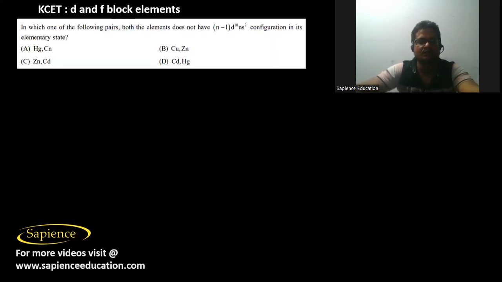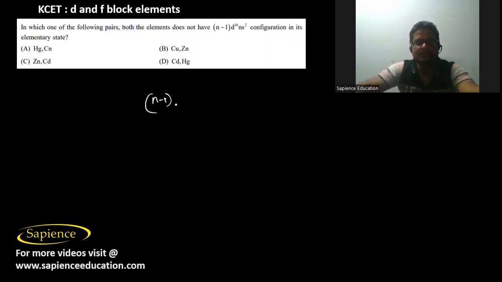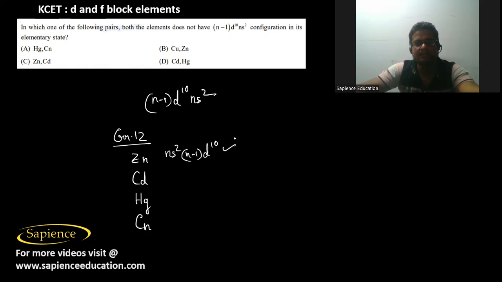Then here it is told, in which of the following pairs both the elements do not have (n minus 1) d10 ns2 configuration in their elementary state. We know that the group 12 elements, which are zinc, cadmium, mercury, and Cn, all have ns2 (n minus 1) d10 configuration in their ground state.